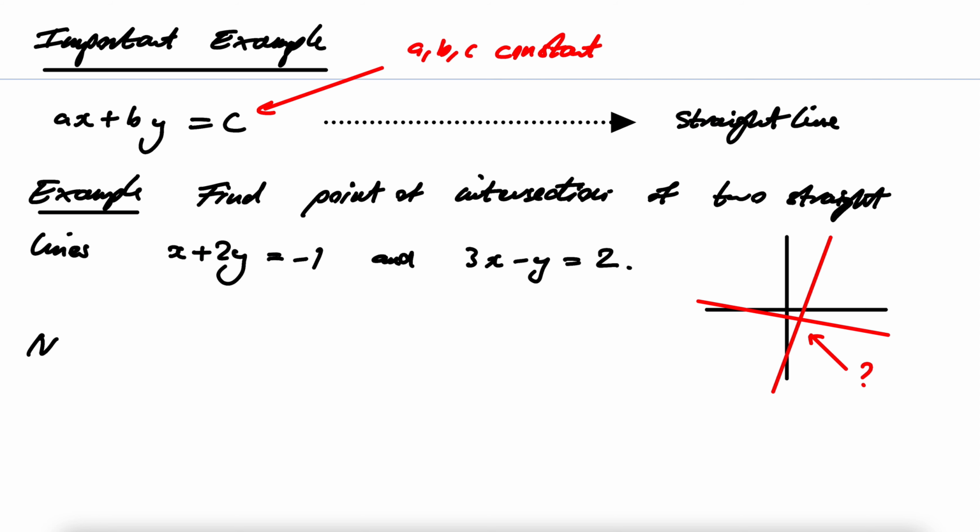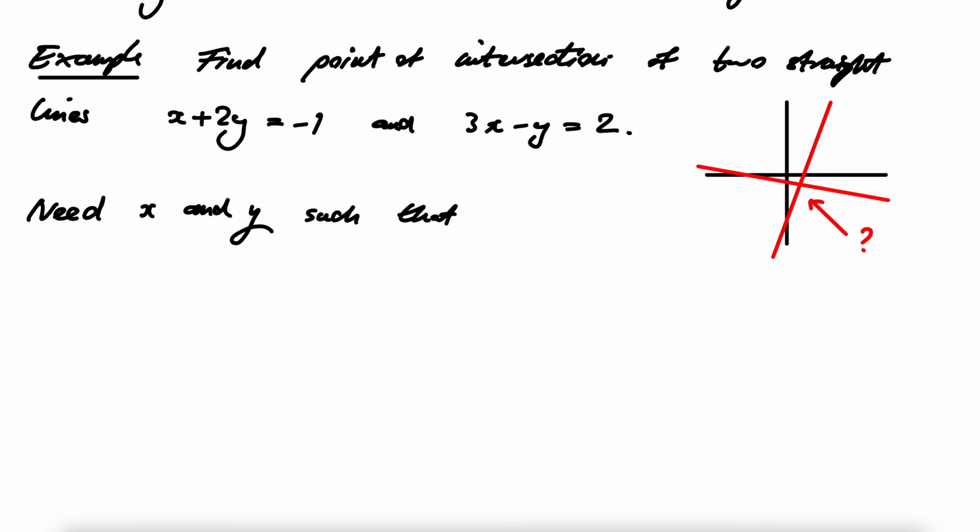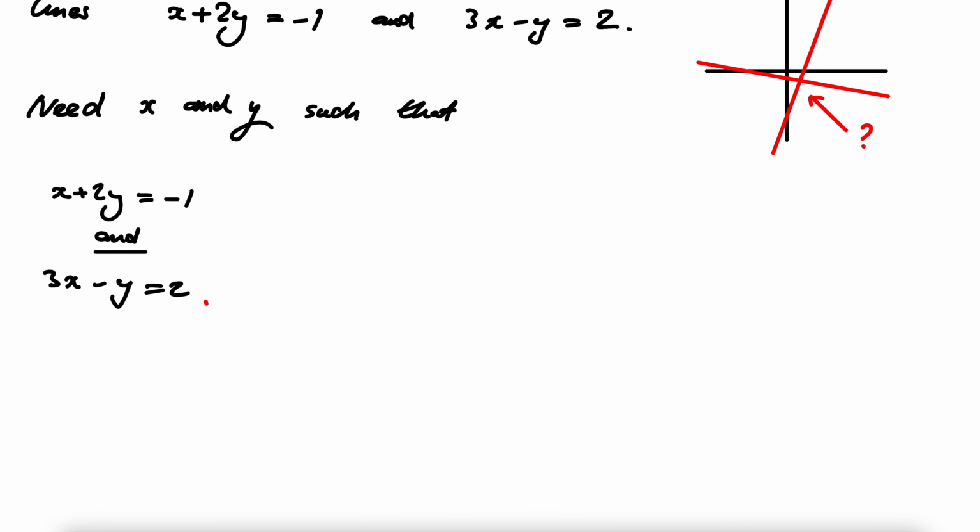So we need x and y such that x + 2y = -1 and 3x - y = 2 at the same time. So this is an example of two simultaneous equations in x and y.